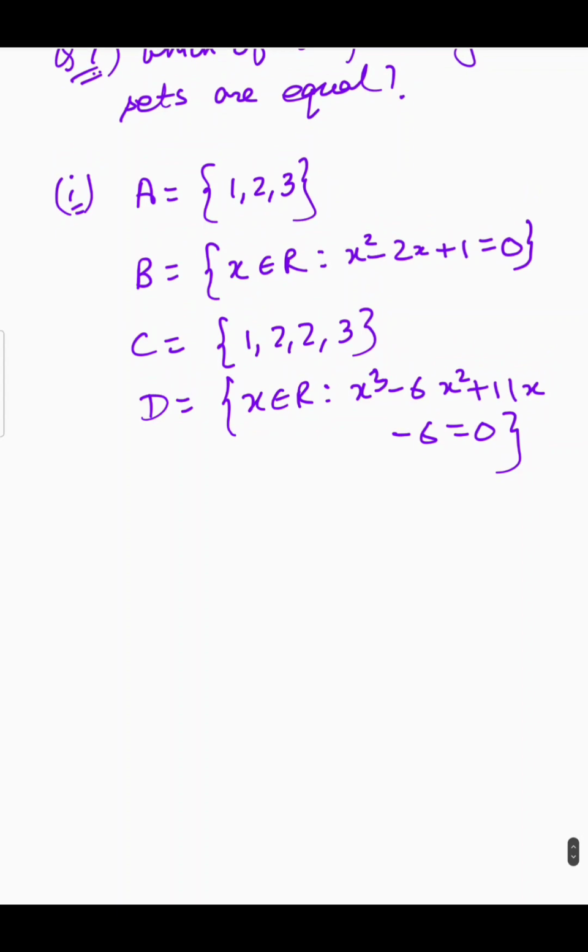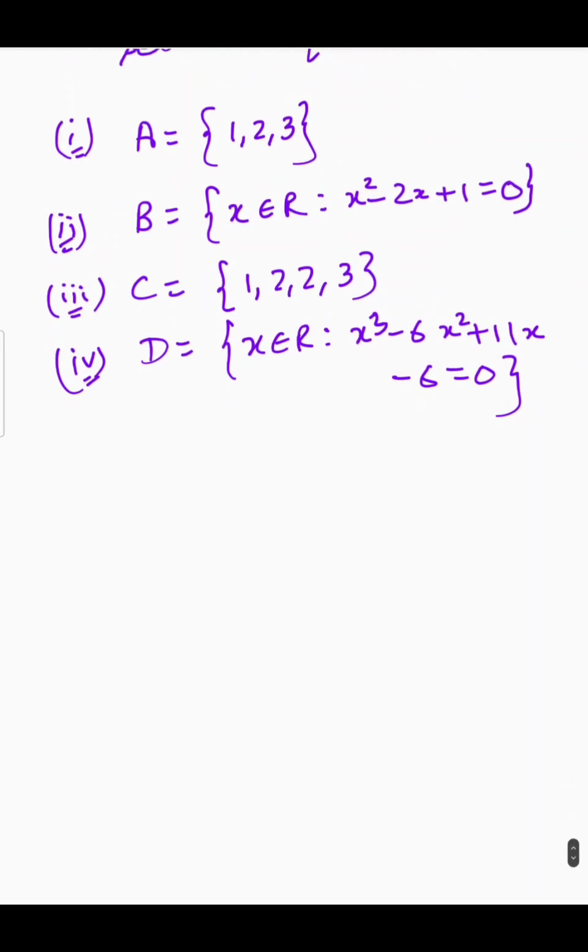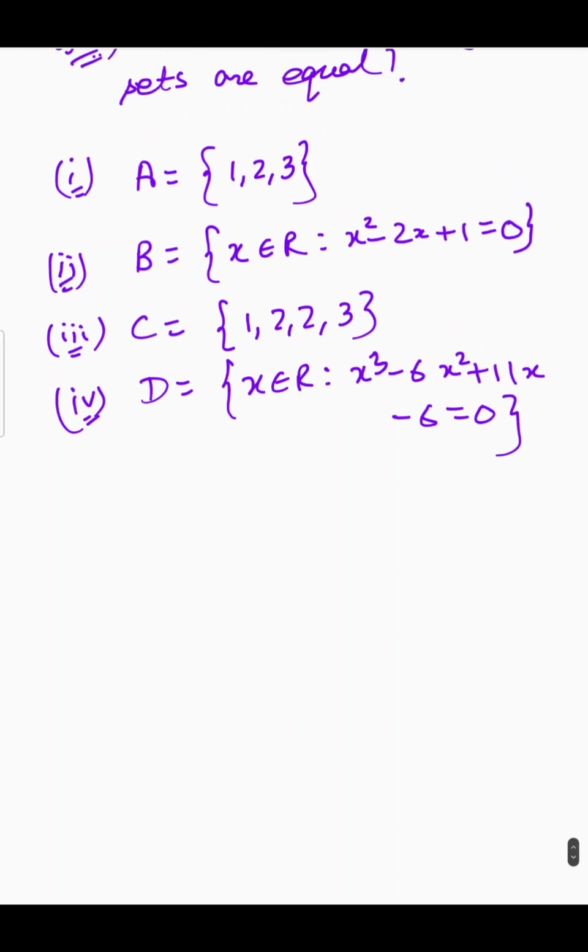Easy questions. Options are given and you have to choose which sets are equal. A is already done, so start with B.